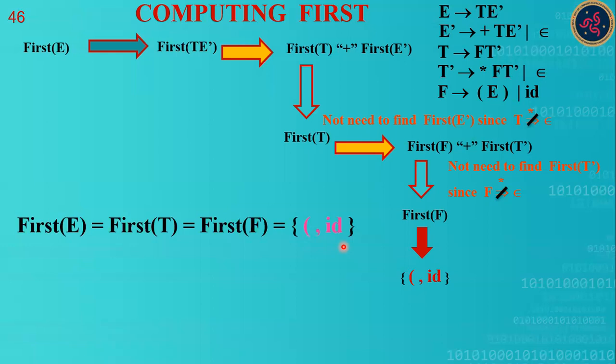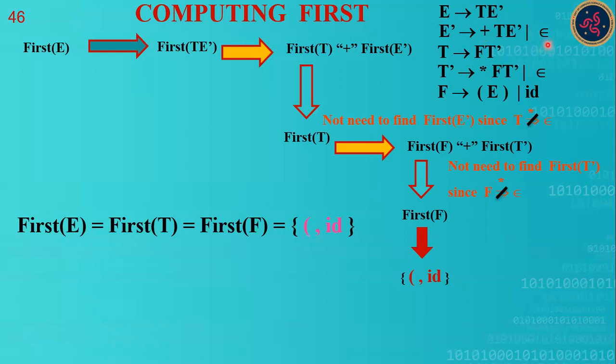Again, there are two more non-terminals. So first, we can consider E prime. So what is first of E prime? First of E prime means the first symbol in the right-hand side of the production. So here it is the plus symbol. Since plus is a terminal, we can directly take it as first of E prime.